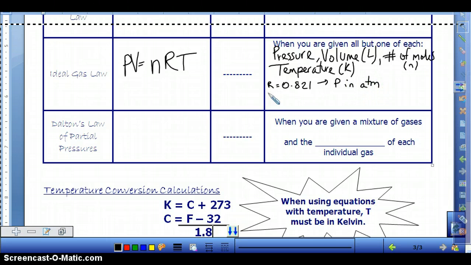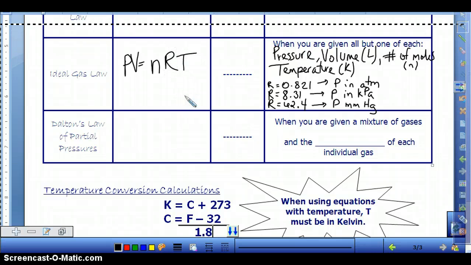Another R value is 8.31, and you use that R when pressure is in kilopascals. And your third R option is 62.4, and you use that one if pressure is in millimeters of mercury. It may seem a little confusing to have three different values, but you just check what units your pressure's in, pick the R that goes with it, and plug it into the equation over here.